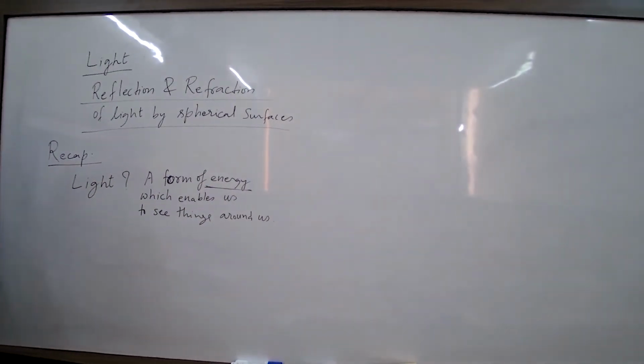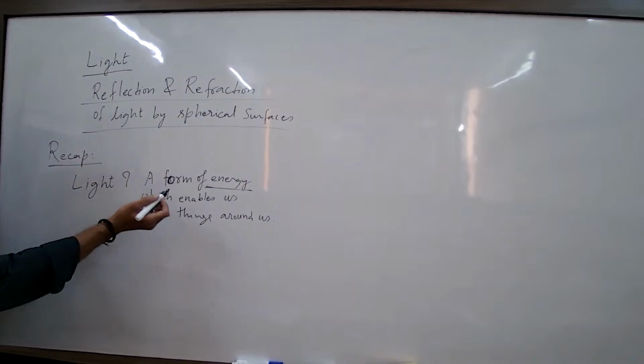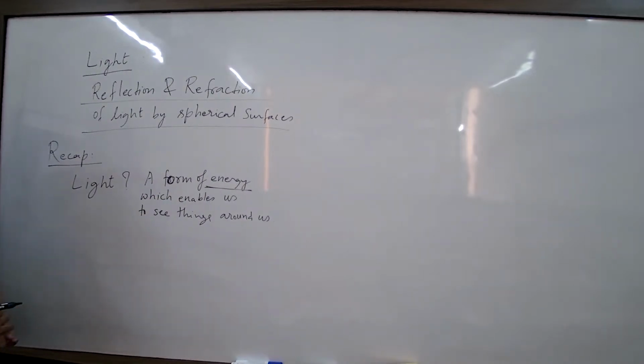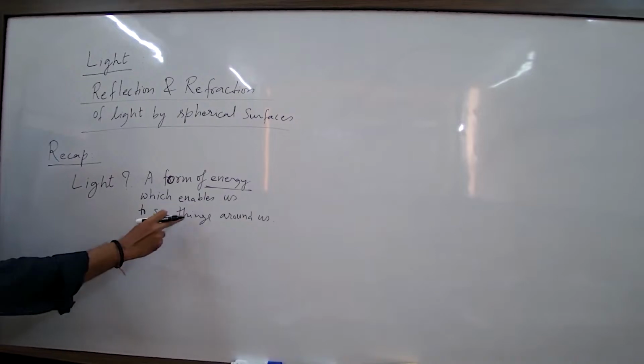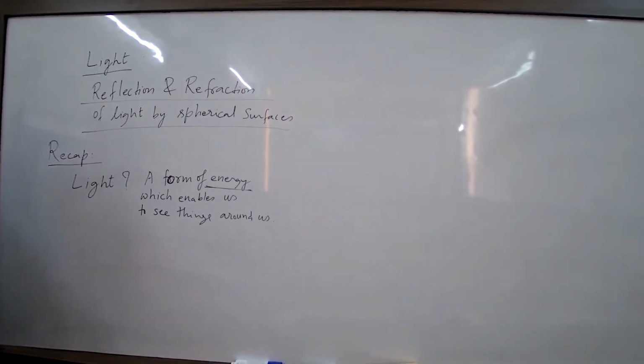Second thing is, in what form does it exist? Energy it is, but how does it propagate? We said it helps us see things around. So how do we see things? By our eyes. The eyes are a tool which recognizes objects, but what is in between?